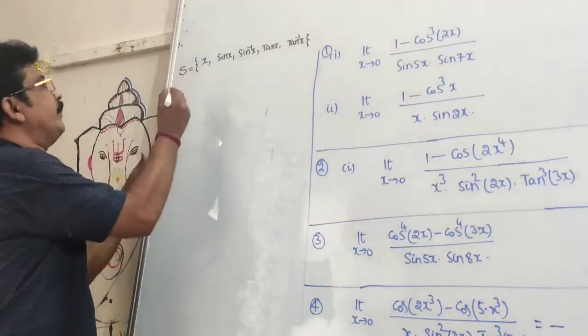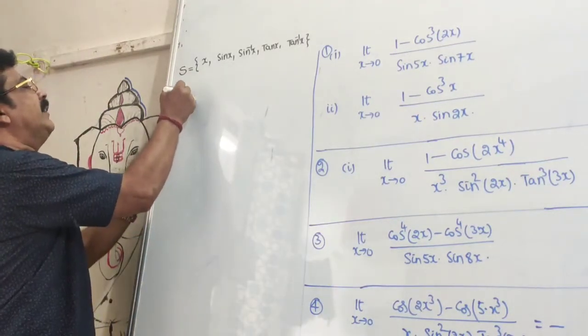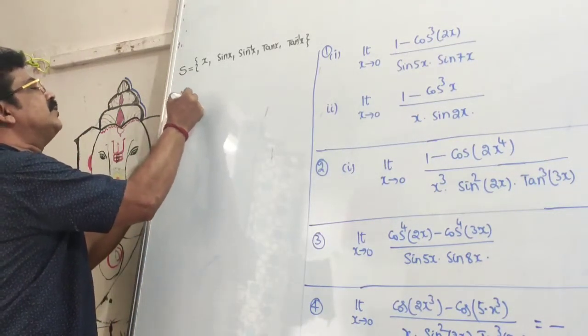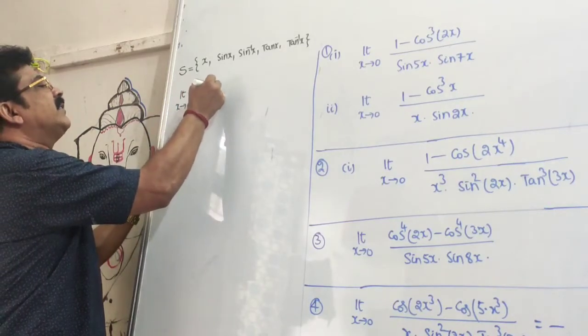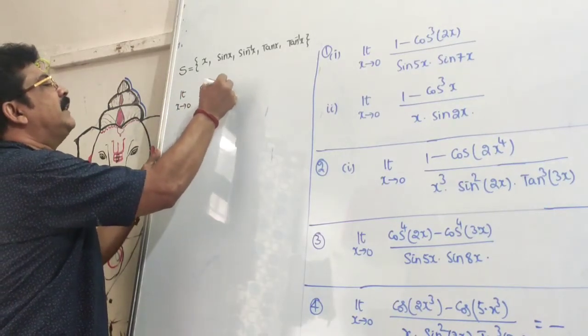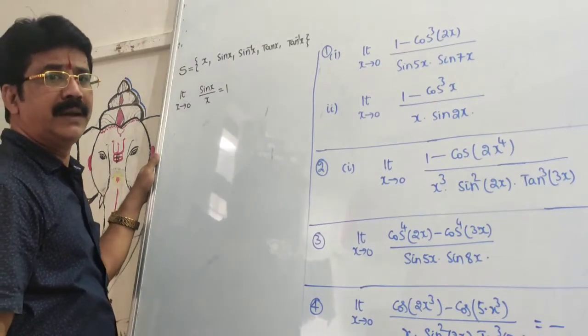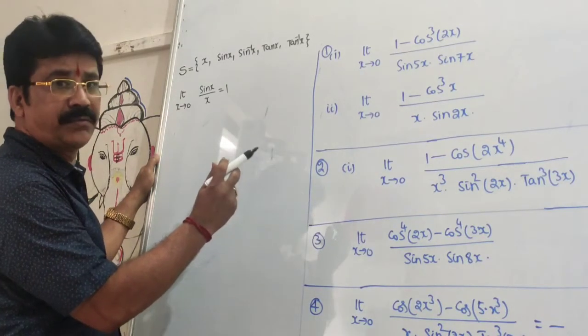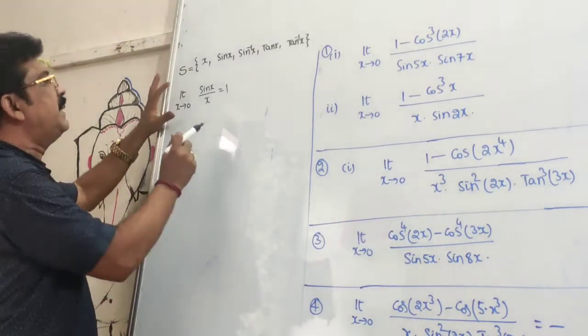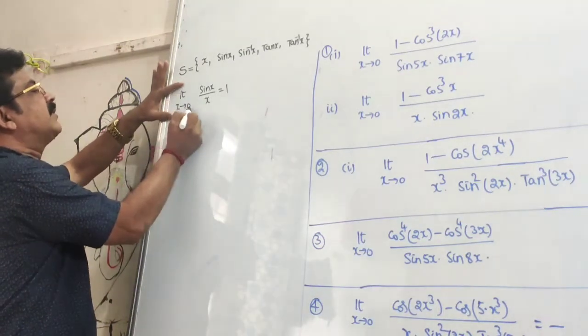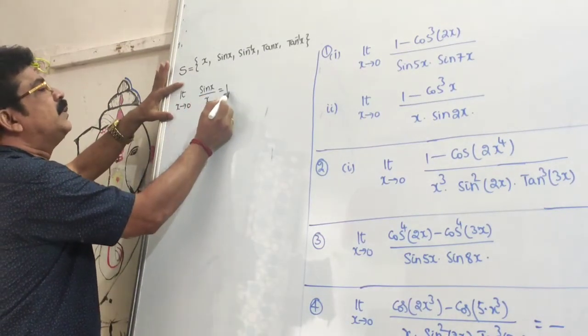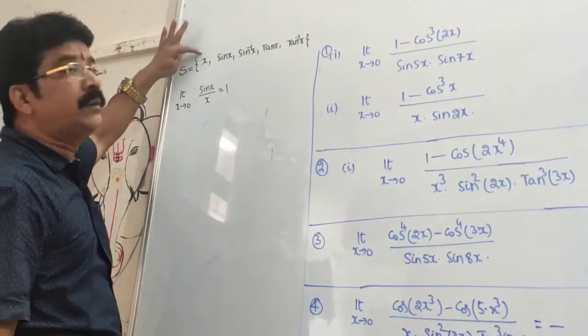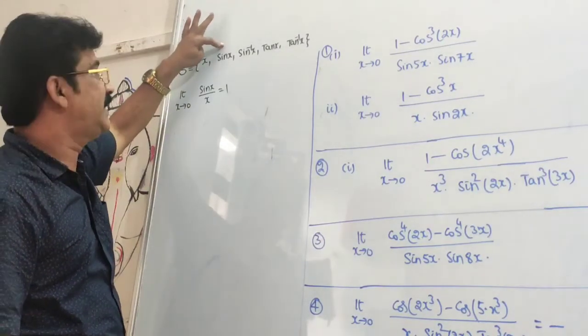Okay. Here actually we have the limit as x tends to 0 of sin x divided by x is equal to 1. Now we are discussing the questions or functions to which the formulae are applicable. The limit as x tends to 0 of sin x by x is equal to 1. That's why we took x, sin x, just like that.